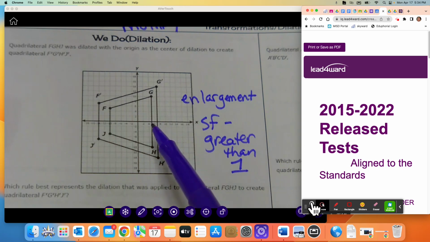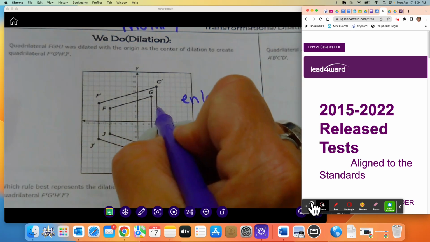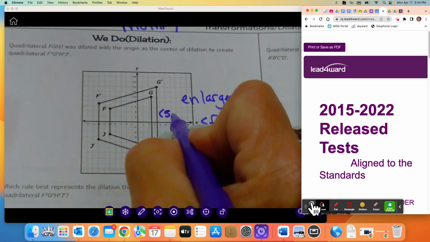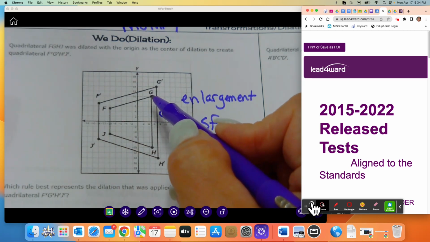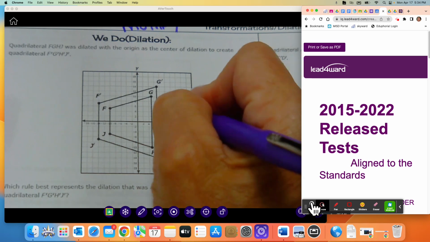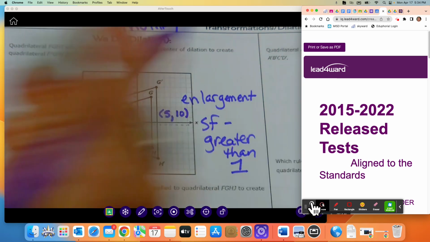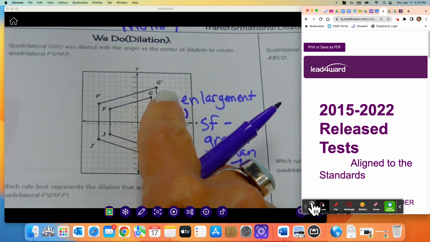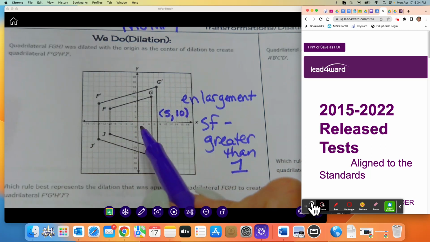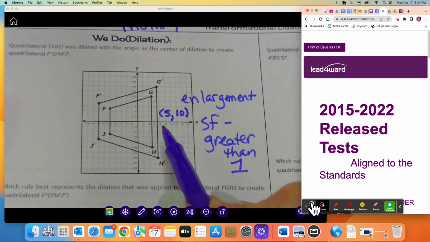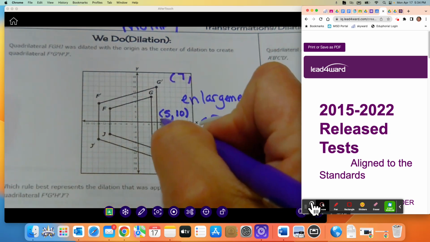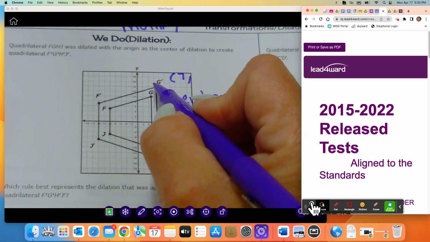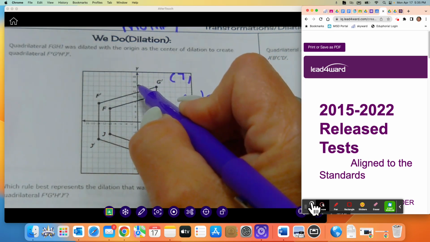And since it's in between 4 and 6, it's going to be 5, comma, and then we go up to 10. So 5 comma 10. For G prime, we go over here to 2, 4, 6, 8, but it's in between 6 and 8, so this is going to be 7. And then we go up to 14.